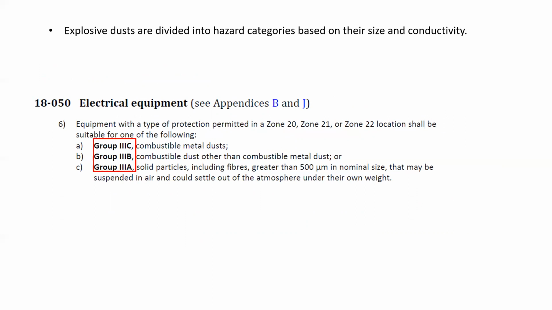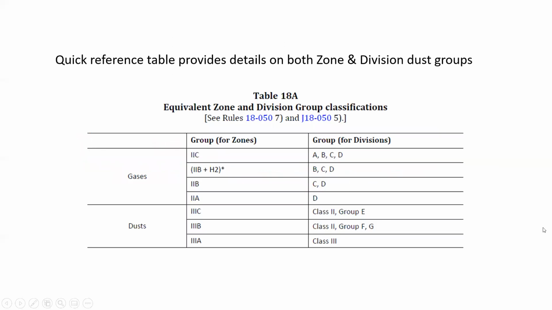So for IEC, or the zone selection or classification of dusts, we have group 3A, B, and C, indicating 3C is metal dust, 3B is combustible dust other than combustible metal, and 3A is those greater than 500 micrometers. Again, Table 18A will provide equivalent zone and division group classifications for dusts as well. You'll notice down here, they are Group E, Group F, and G.